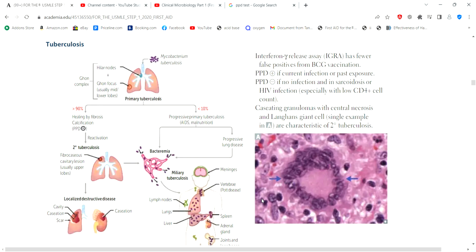What this is, is macrophages surrounding TB. This center right here, that's TB. This purple cluster right here, these are macrophages containing the TB. This is known as a caseating granuloma.